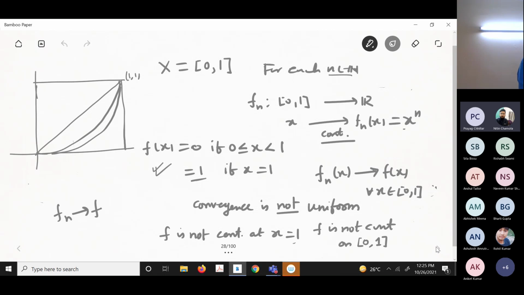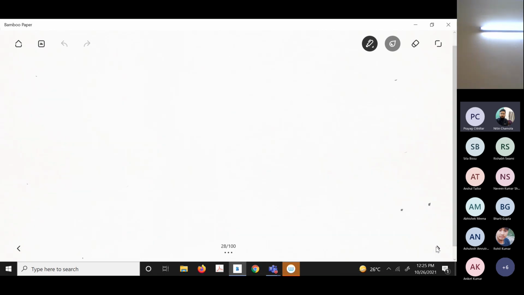Actually, uniform convergence means what? Let me explain. Actually, I have drawn a geometric figure on the last page, page 185. Look, if we have uniform convergence, suppose f_n, actually we have two notations. In measure theory particularly, for pointwise we write this, and for f_n uniformly we write this.